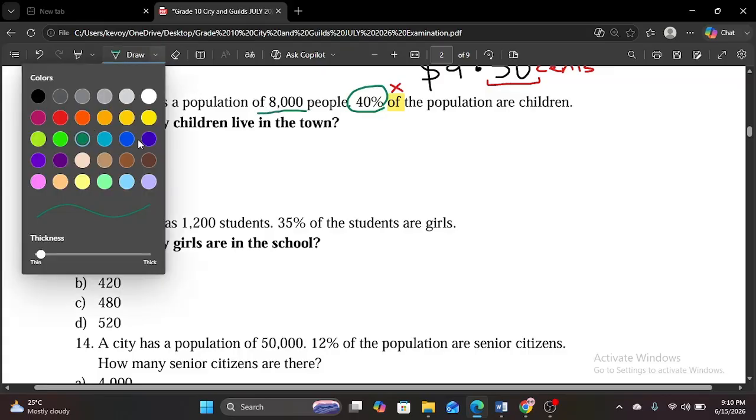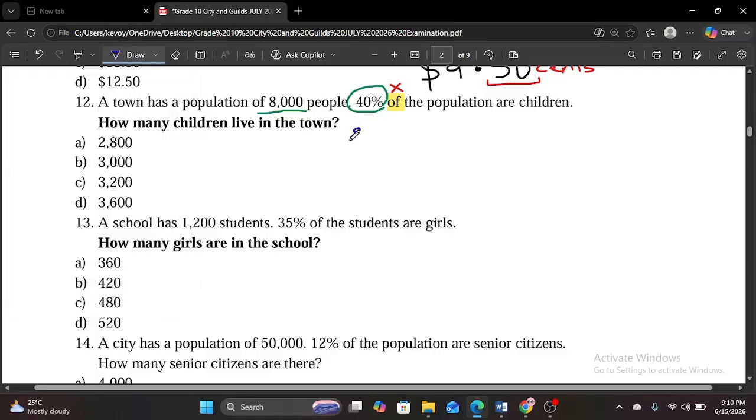So let's write it below. So that's going to be 8,000 multiplied by 40%. And 40% is just 40 over 100.